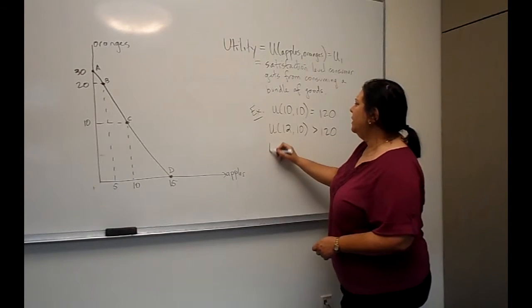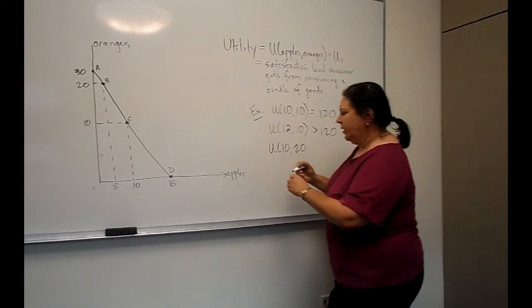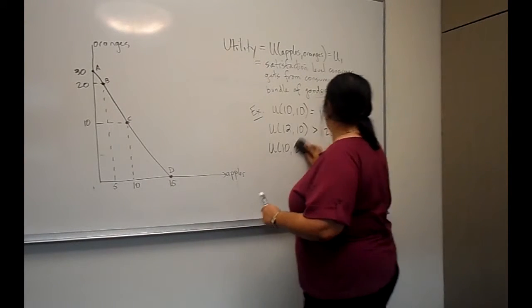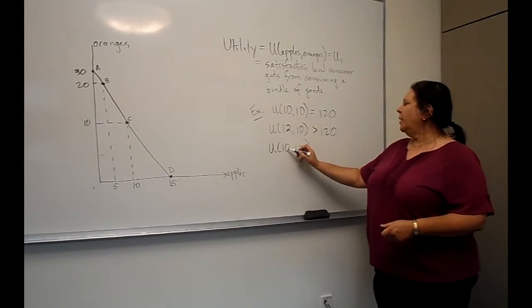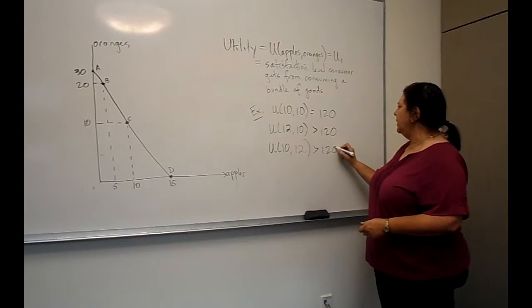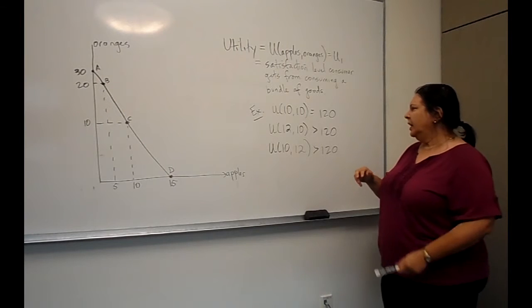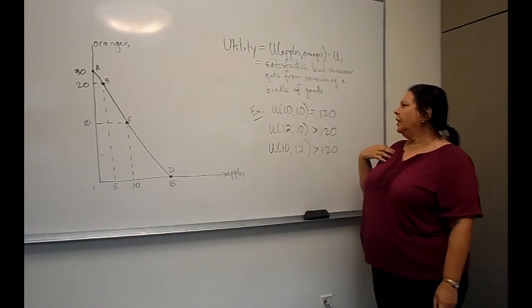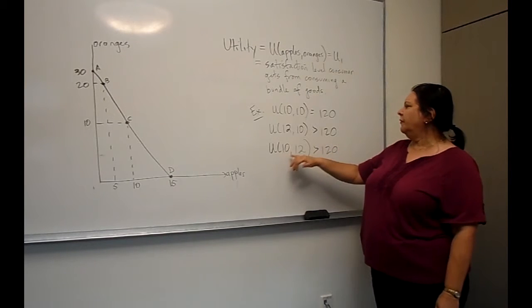That would also mean that the utility of having 10 apples and 12 oranges would also be above 120 because we'd prefer to have more oranges. What we don't know yet is whether the utility of 12-10 is bigger than the utility of 10-12.